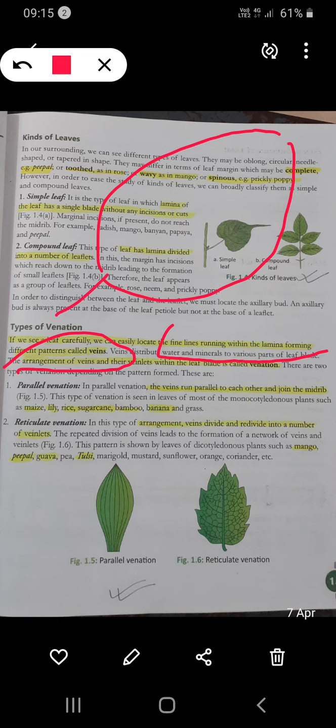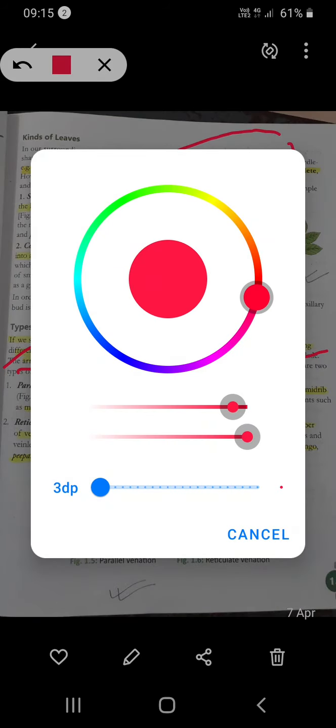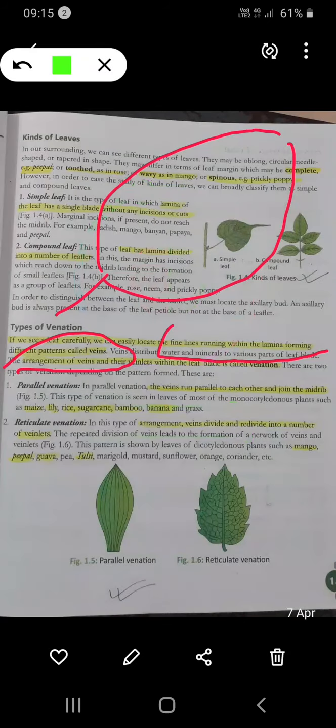Now see here, this line will be the midrib, and the different lines coming from the midrib are called veins. The arrangement of these veins is called venation.